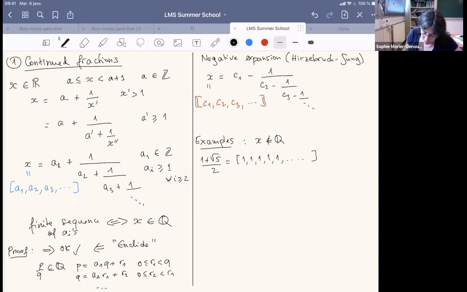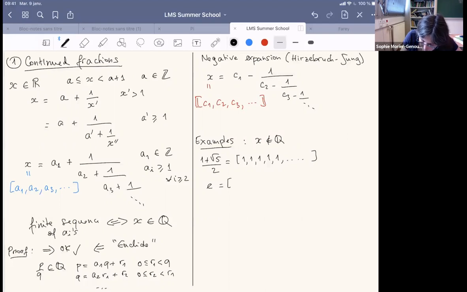Another irrational that can come to your mind is the number e, the Euler number, the value of exponential at 1. And yes, for the golden ratio, it's kind of easy to understand why this is that. For the Euler number, I don't know. Euler computed the expansion a long time ago without computers. I don't know how exactly he did, but the result is quite amazing because there is some regularity in the sequence. So let's look.